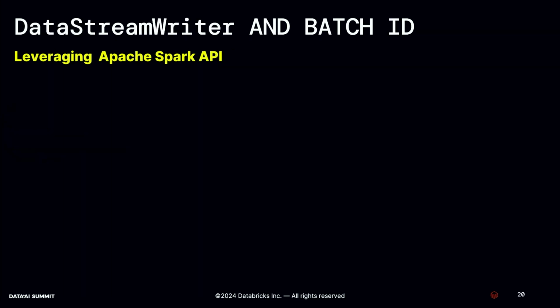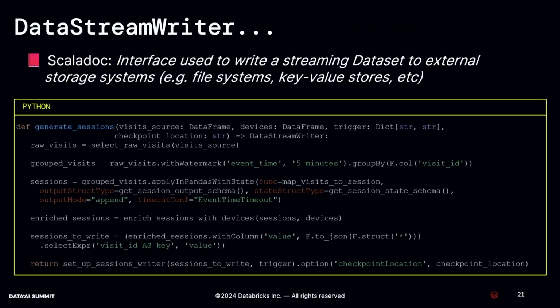To do that, Apache Spark has 2 nice abstractions, DataStreamWriter, which I will define later, and the batch ID. DataStreamWriter, according to the Scala doc, is an interface, so it's not an implementation, that you can later configure for a specific use case. So you can configure it to write to Kafka, to S3, to any kind of storage.